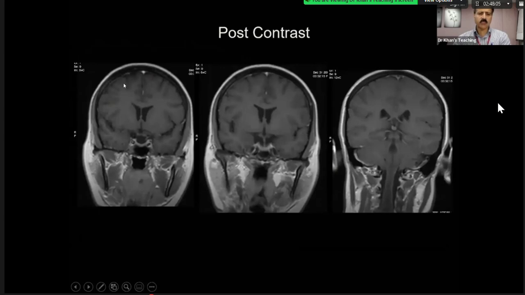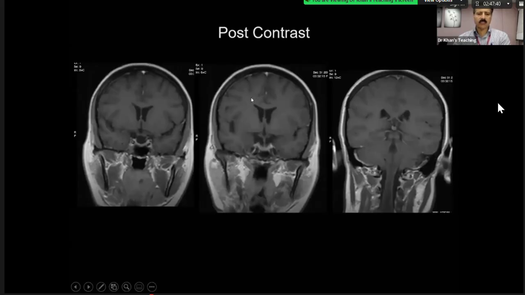So this is still normal, but it should not be too much. For example, it should not go around the corners like this. Similarly, you have to look at contiguous slices, and it should not continue anteriorly and posteriorly, particularly on a coronal view.